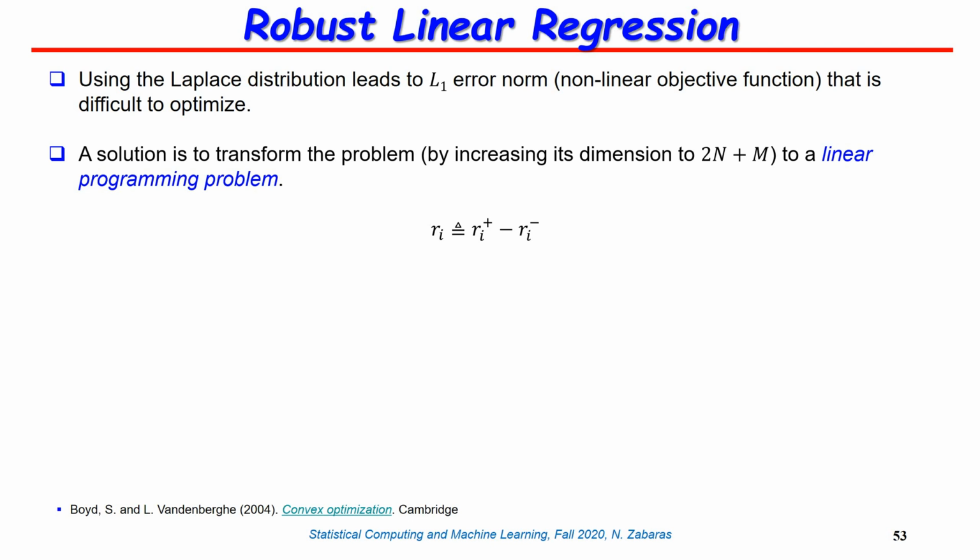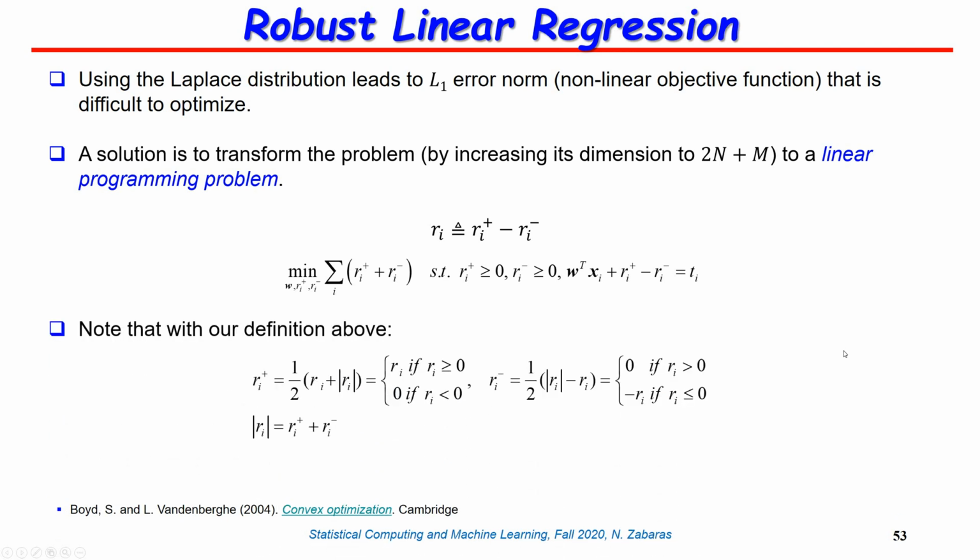And I'm going to explain in a second what exactly the new objective function is going to be. But let me just say the problem is being transformed from a problem in m variables, these are the coefficients w, to a problem with 2n plus m variables, and the 2n plus m variables are these new variables Ri plus and Ri minus for each of the n training data points.